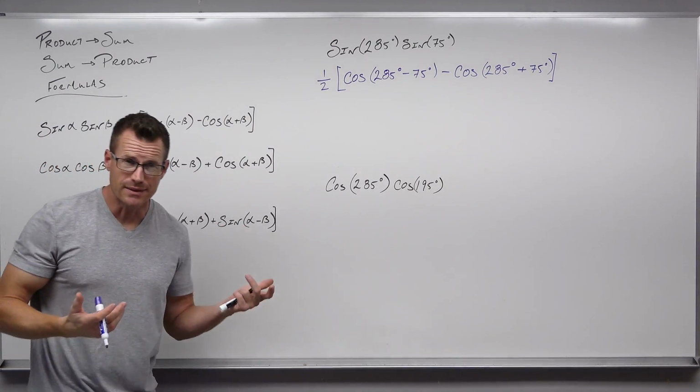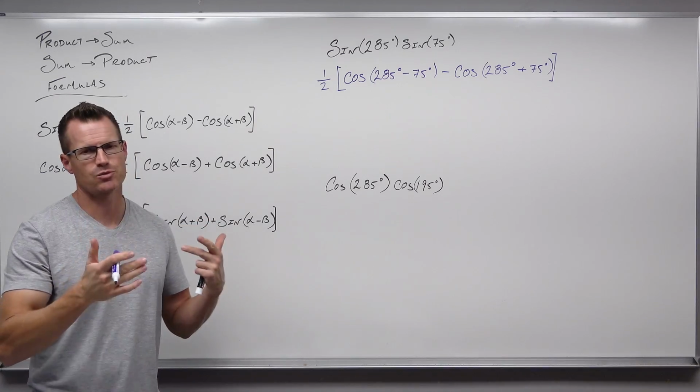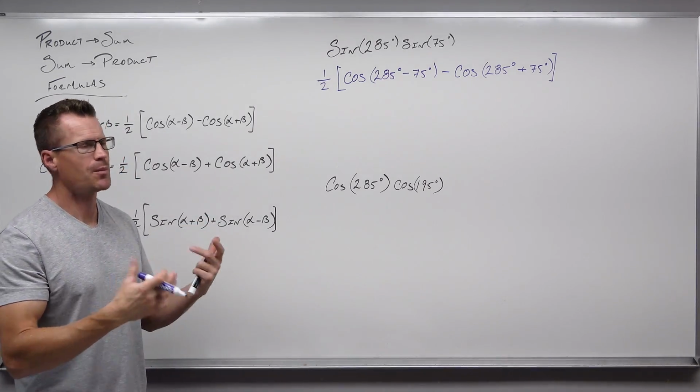I typically write these out every time just so that I can double check my work, make sure I'm not accidentally subtracting or adding something wrong in my head. I'm always just double checking.